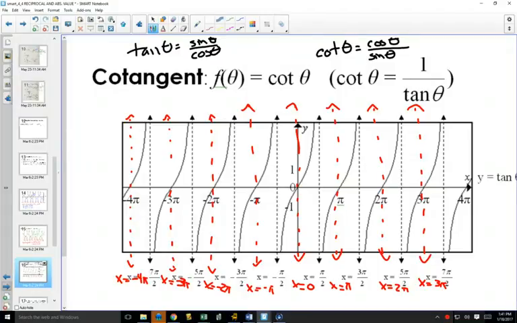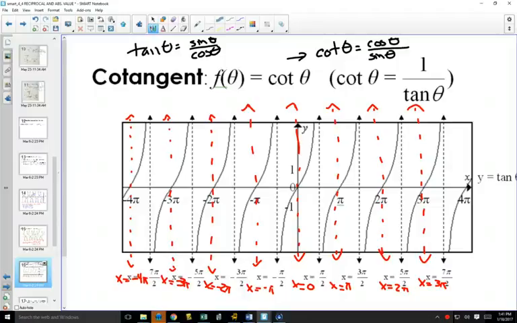Okay? But if we use this definition for cotangent, can you see that cos could equal 0? And when cos is equal to 0, what's cotangent? 0. And this is where the graph of cotangent doesn't quite follow all the rules.